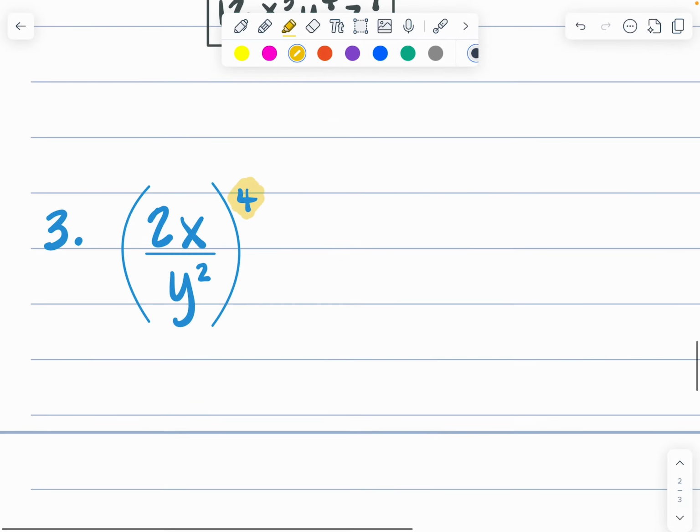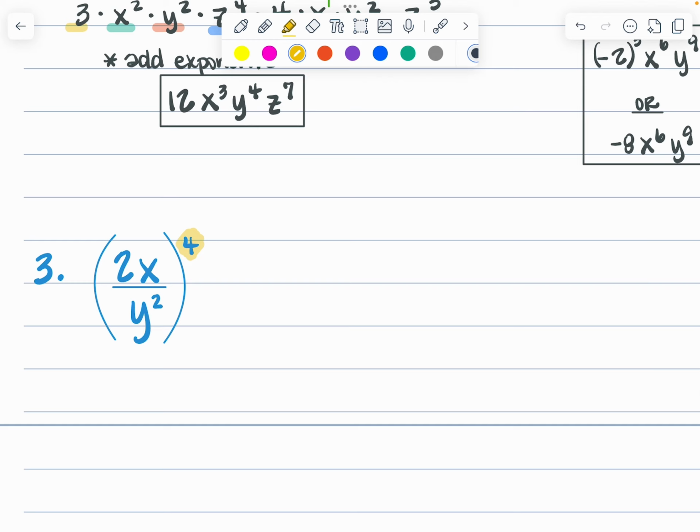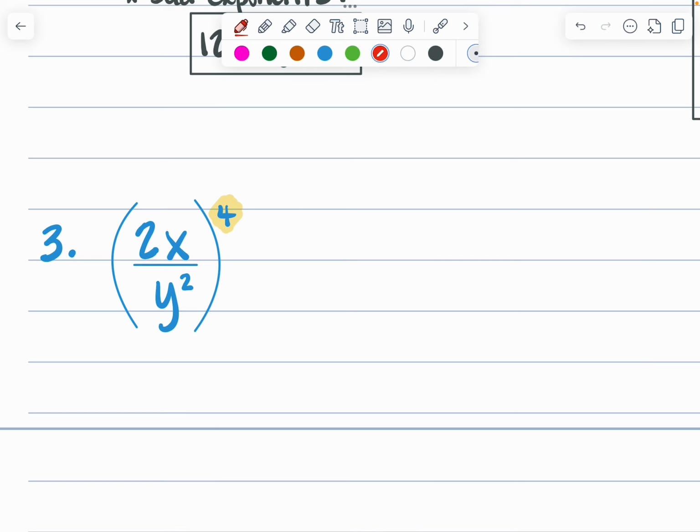The only difference is the fraction, so that just means that everybody in the numerator and the denominator has to get the exponent. So 2 has to get the 4, the x gets the 4, and the y squared in the denominator gets the 4. And don't forget, the 2 and the x currently don't have powers, so they're understood little 1s there.